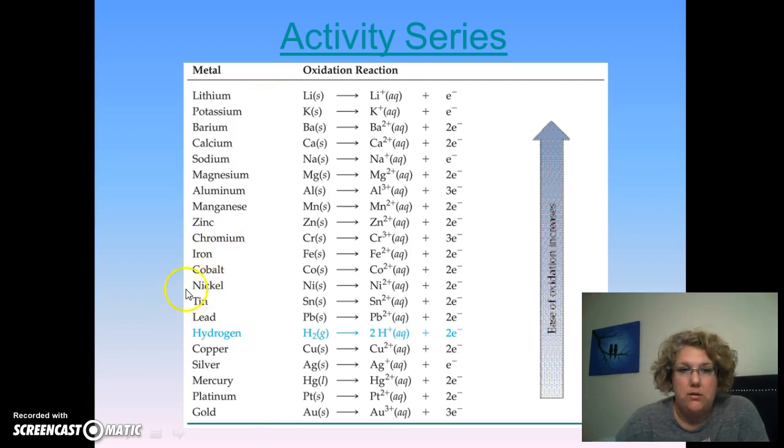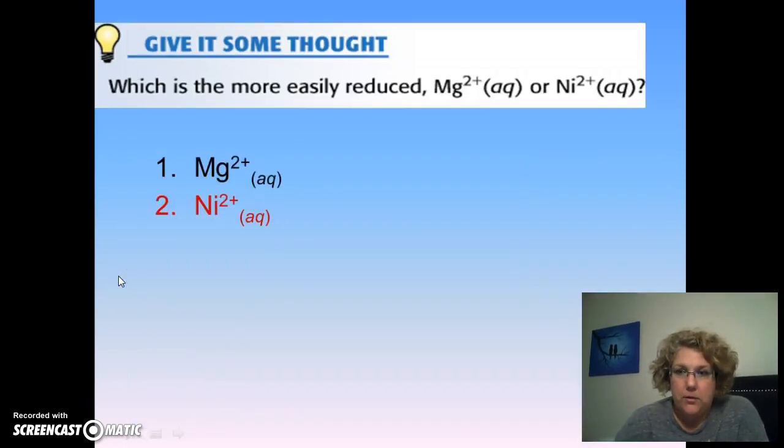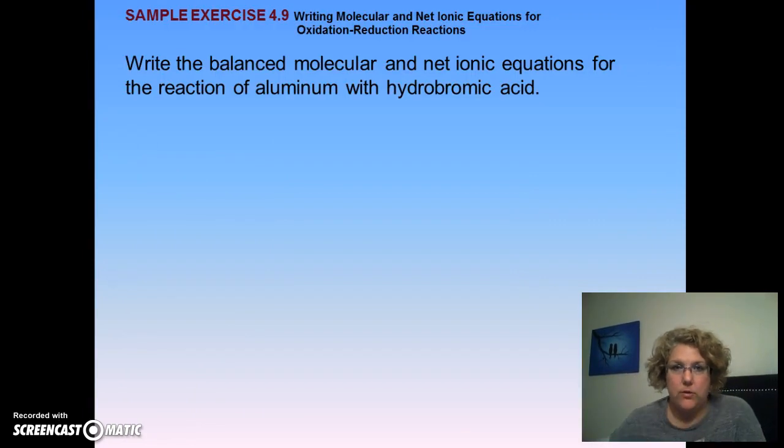So between nickel right here and magnesium up here, nickel will be easier to do the opposite of this reaction with. It's easier to get nickel ions to gain 2 electrons and become neutral nickel. Okay, so that's why that one is the winner. It's easier to reduce it.